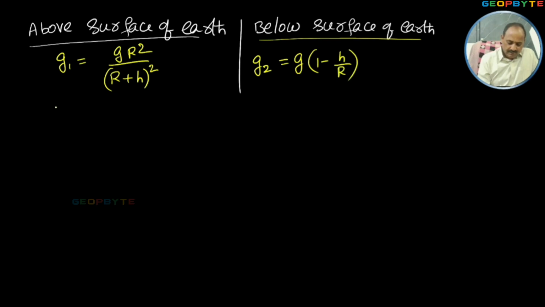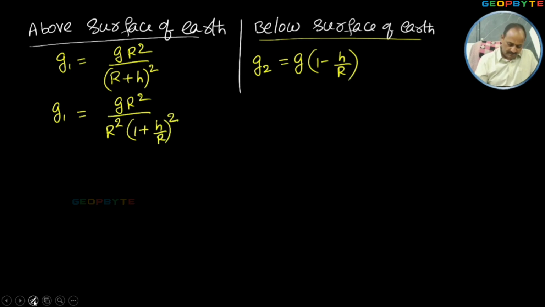Okay. The g1 I can also write as g R square by, let me write the R square outside, (1 plus h by R) whole square. Then this R square is cancelling. Finally, g1 equal to g by (1 plus h by R) whole square.